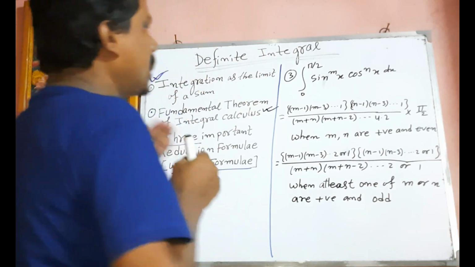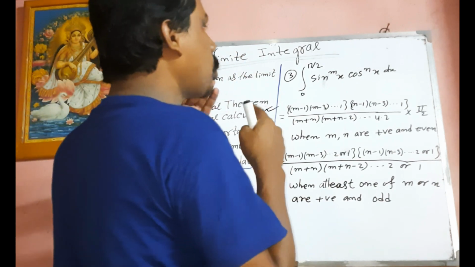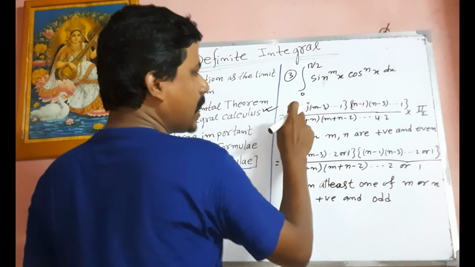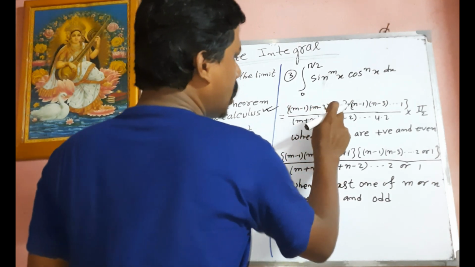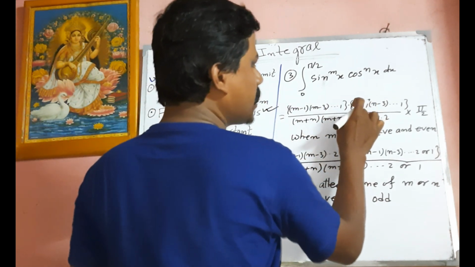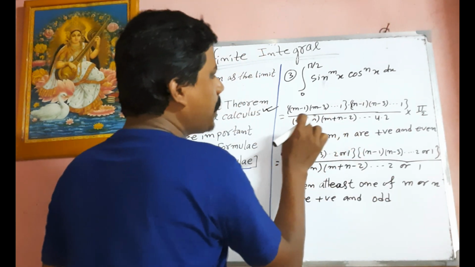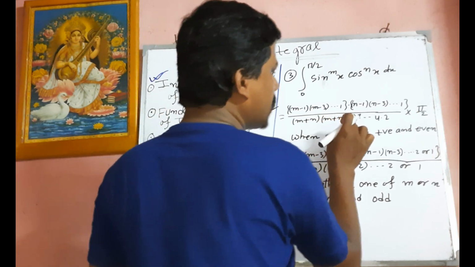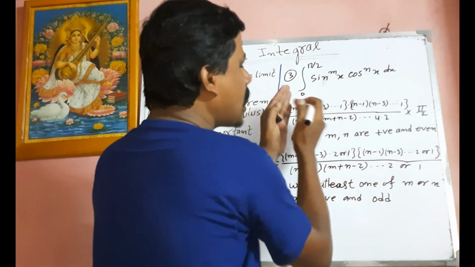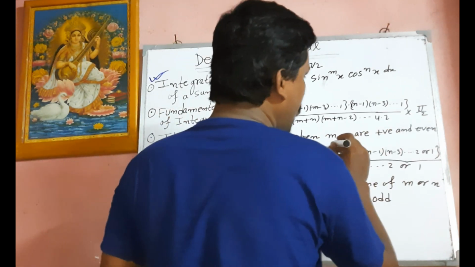The third formula is integral 0 to pi by 2 of sin x to the power m multiplied with cos x to the power n dx, which is equal to [(m minus 1)(m minus 3) dot dot dot 1] multiplied with [(n minus 1)(n minus 3) dot dot dot 1] divided by (m plus n)(m plus n minus 2) dot dot dot 4 into 2, all multiplied with pi by 2, and the condition is m and n are positive and even.